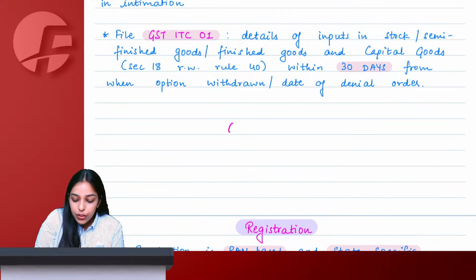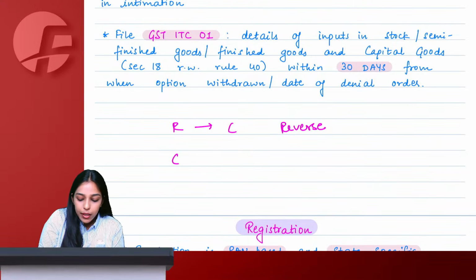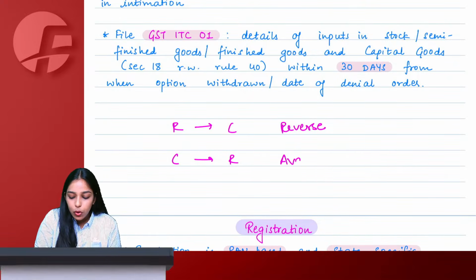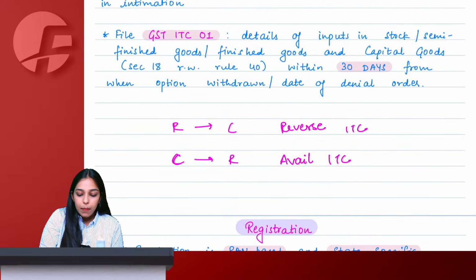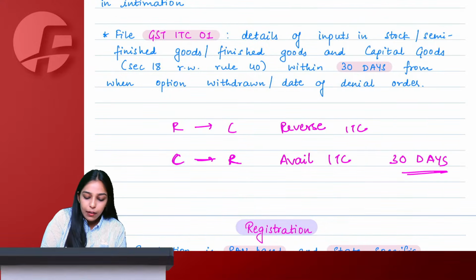Now, when you shifted from regular to compo, you had to reverse your ITCs. And similarly, if you are becoming regular from compo, then of course I will have to avail ITC, because a composition person cannot take ITCs, but a regular person can. So here to avail ITC, the government gives me 30 days time where I have to file GST ITC 01.